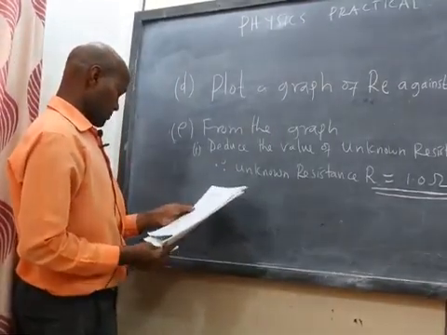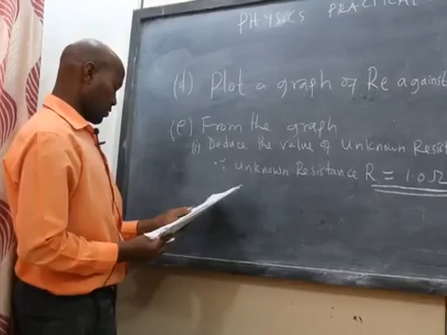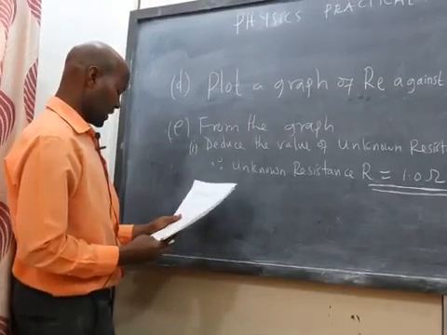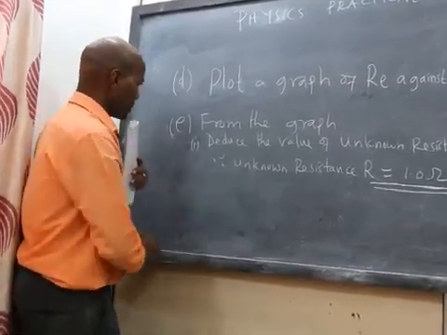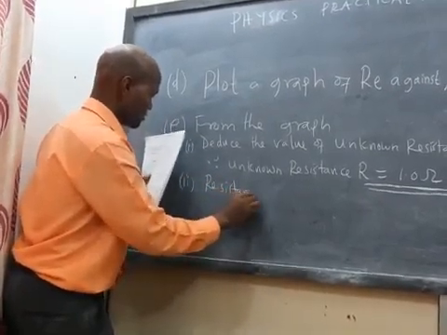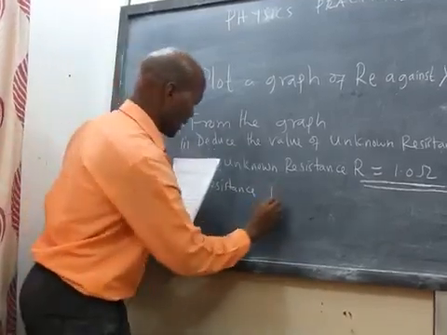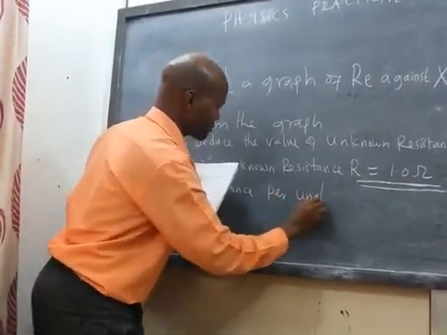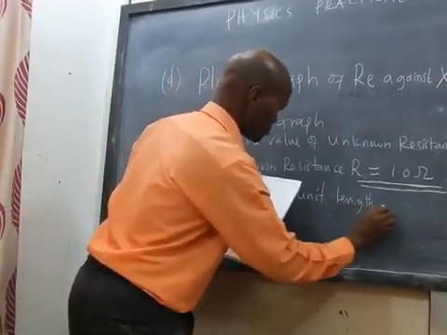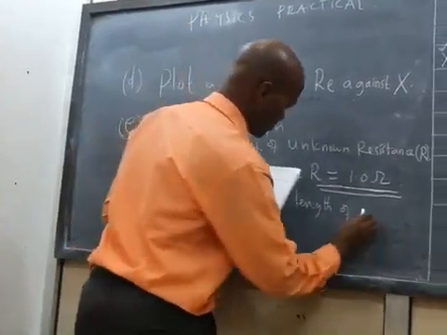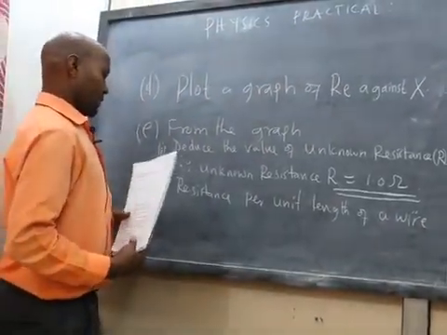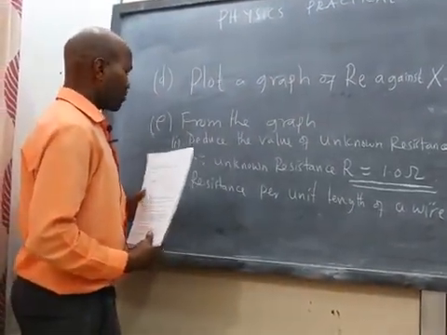Now E Roman 2, the resistance per unit length of a wire. Well, this one can be calculated from the slope.